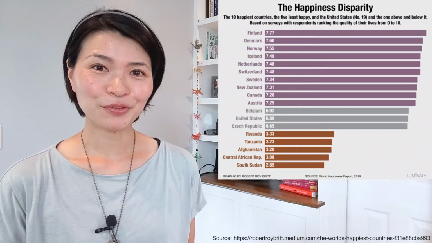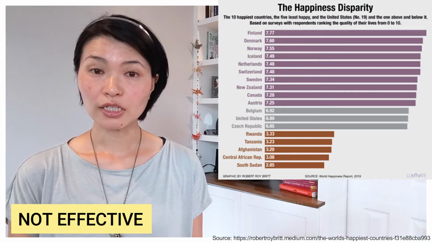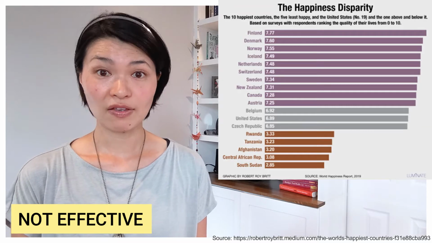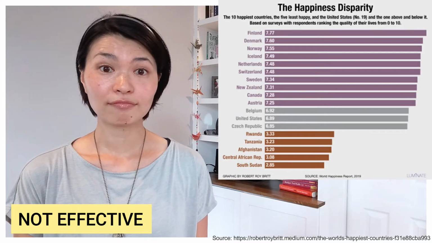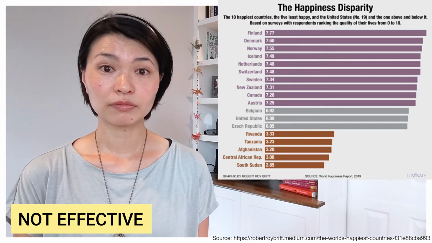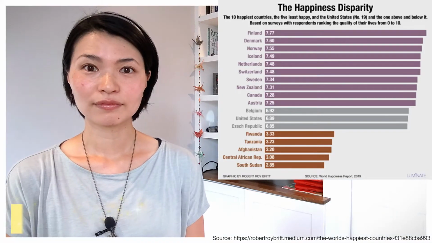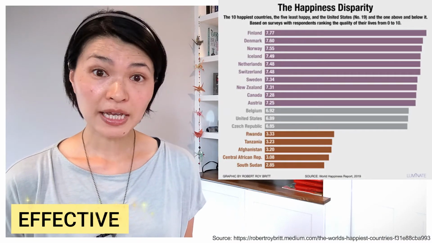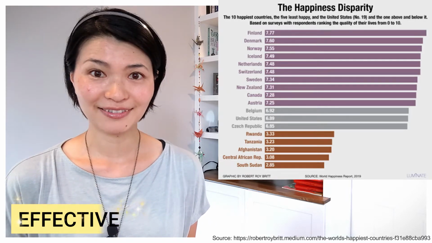Going back to the example from earlier, see the difference. Finland scored 7.77. Denmark was 7.6. Norway was 7.55. Iceland scored 7.49. 8 of the top 10 happiest countries in the world were European countries.